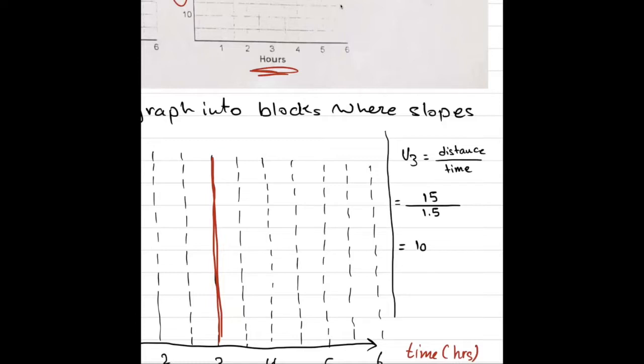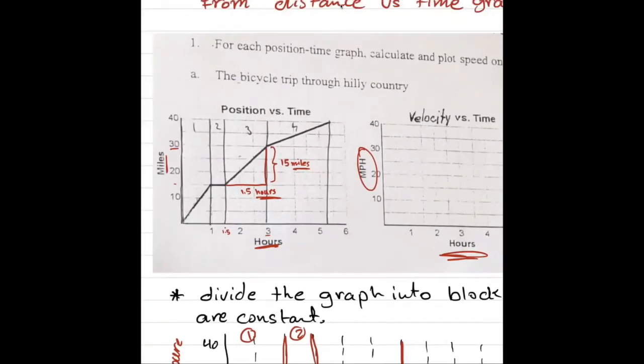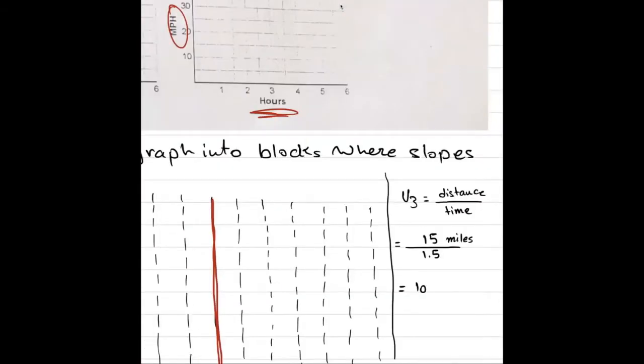And if anybody was confused about the units, always go back to the law and jot down your units. So the 15 was in miles, and the 1.5 was in hours. So it's 10 miles per hour.